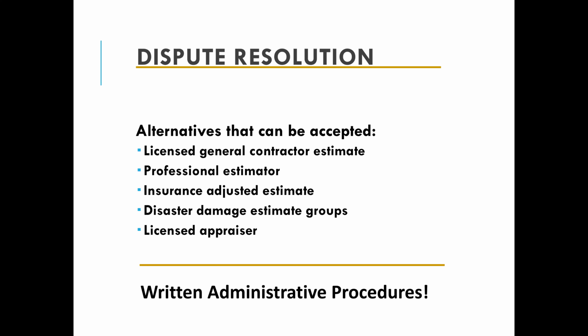So there are other groups that might be working in the area and doing these estimations. And then provide me your market value from a licensed appraiser and exclude the land. Again, written administrative procedures establish this process for recourse for them, establish what your process is going to be, and then make sure that you're consistent with everybody.